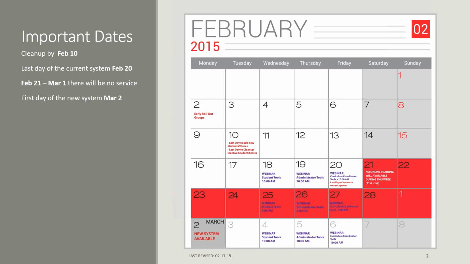The next important date is February 20th, when we are going to be cutting off the system to transfer all the history of the students into the new platform. That means that from February 21st till March 1st, there will be no online training service available. You will all be able to come back with your same username and passwords on March 2nd.